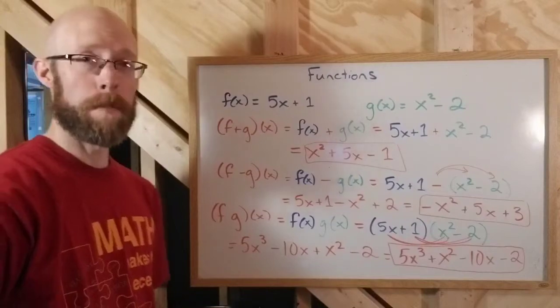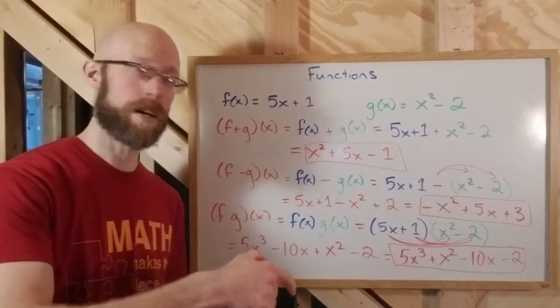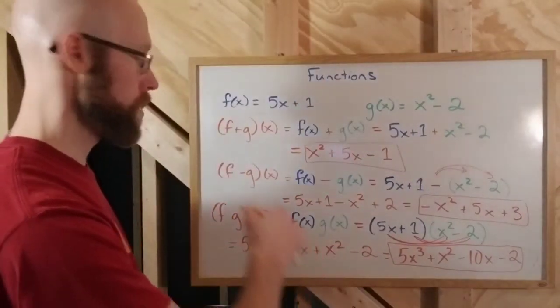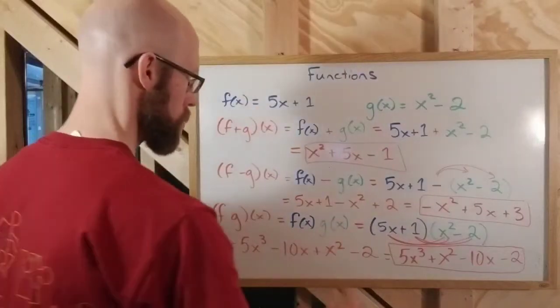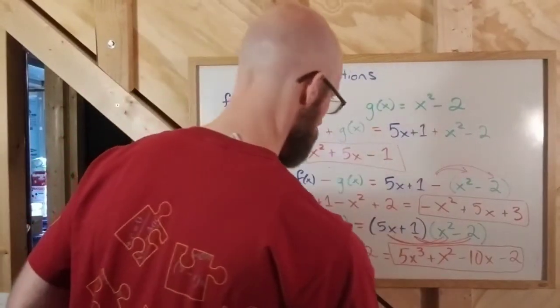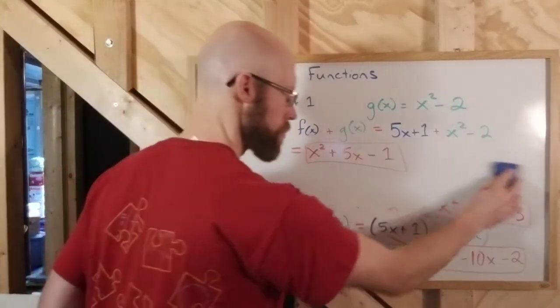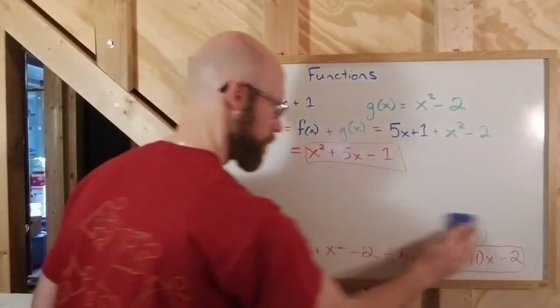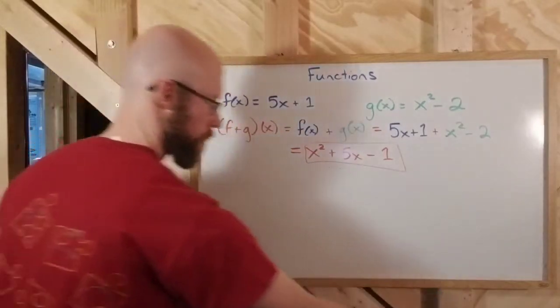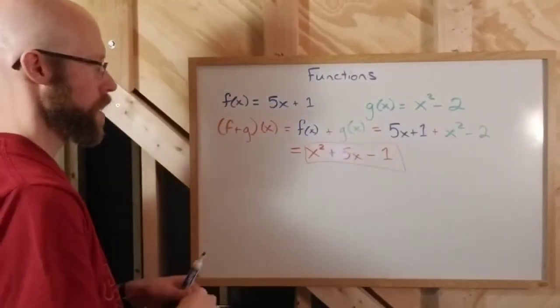Now, before I move on to the division, I do want to show you something, and I'll stick maybe with the addition one here for just a moment. Let's get rid of these other 2. Okay.